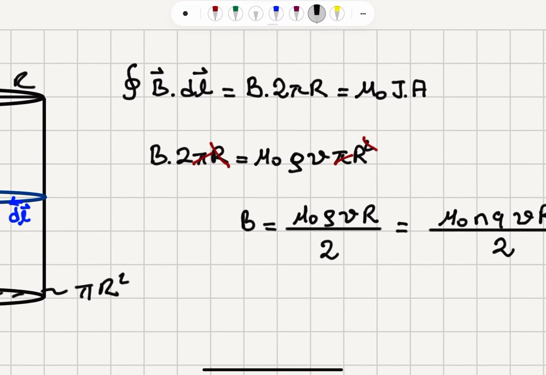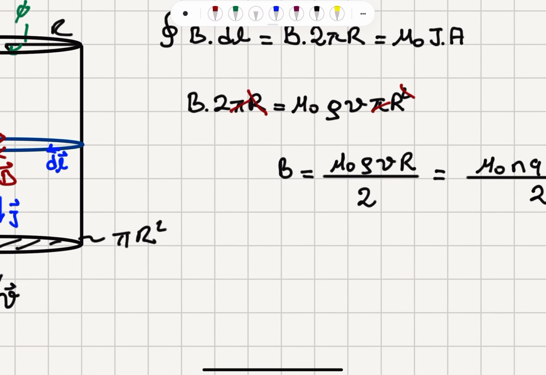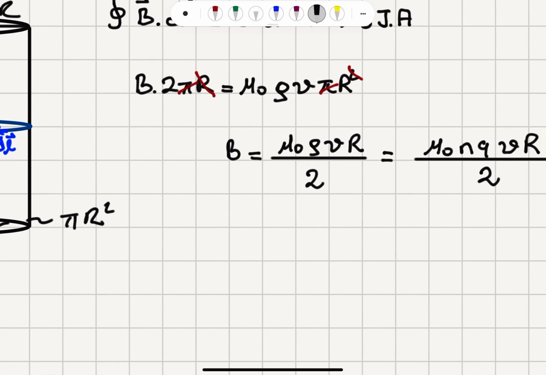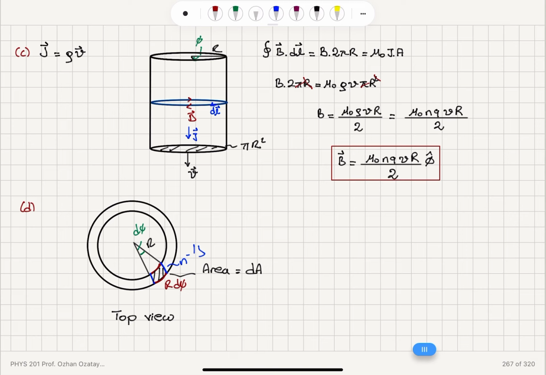So defining this phi hat direction basically in the clockwise rotation sense, I can write the magnetic field vector as its magnitude mu 0 n q v capital R divided by 2 in phi hat direction. That's the magnetic field at the surface.